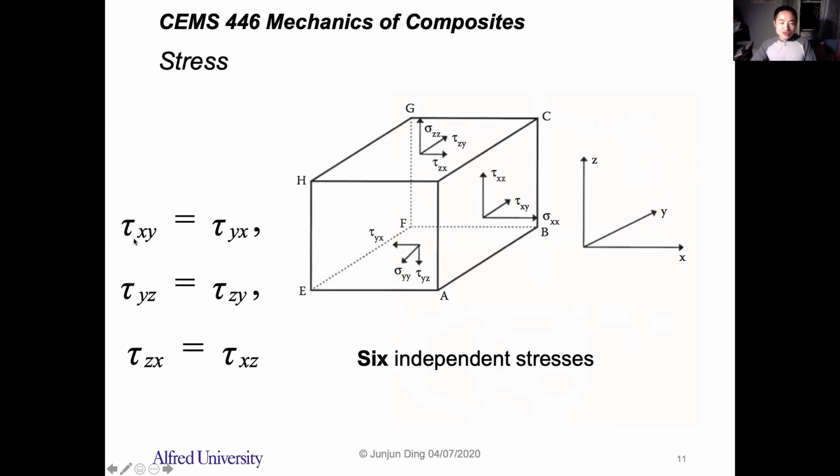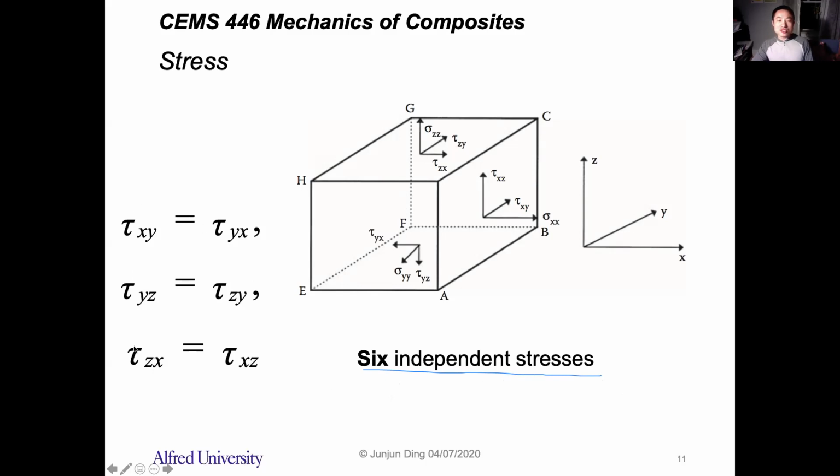So usually shear stress xy should be equal to shear stress yx. Shear stress yz equals shear stress zy. Shear stress zx equals shear stress xz. So how many do we have? 6 here. It says we have 6 independent stresses, right? What are those 6 independent stresses?